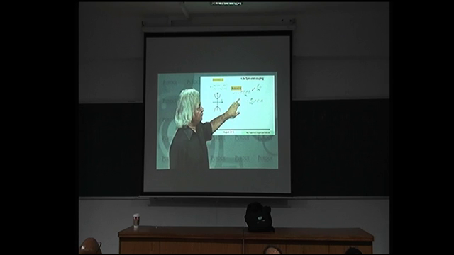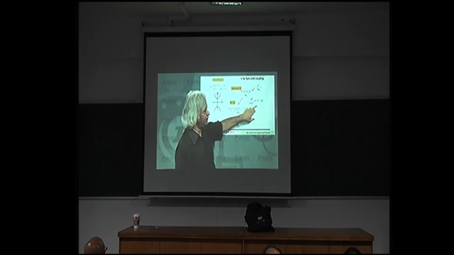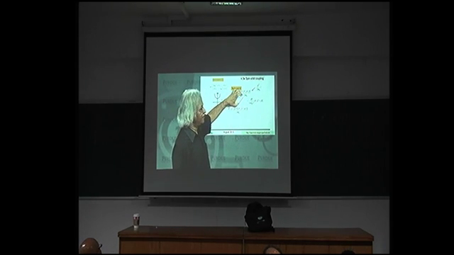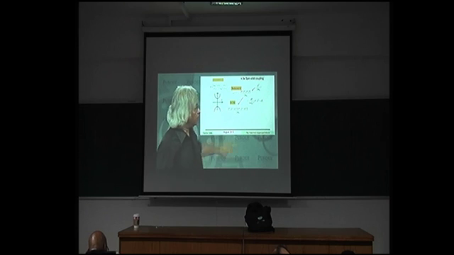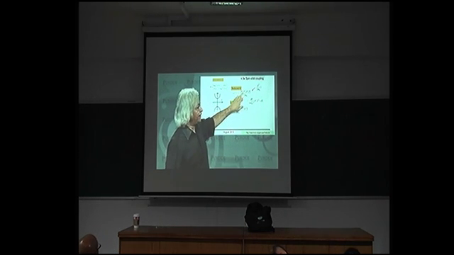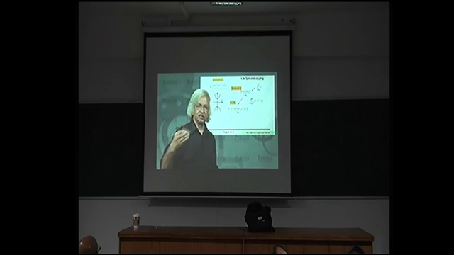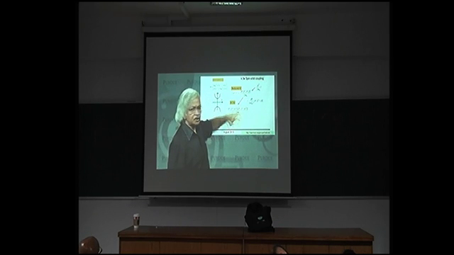Now, one related result that might give you a little more insight into this term is something like this. If you wanted to include magnetic fields, then as we discussed in Unit 3, magnetic fields require a vector potential A. The B is this curl of A. And in the Schrodinger equation, P gets replaced by P plus QA.